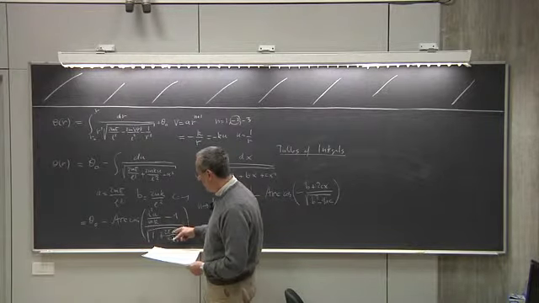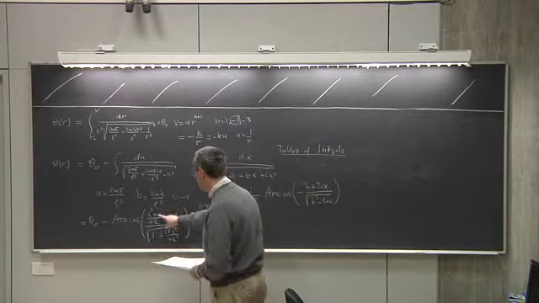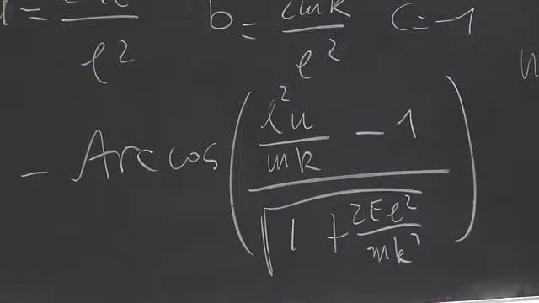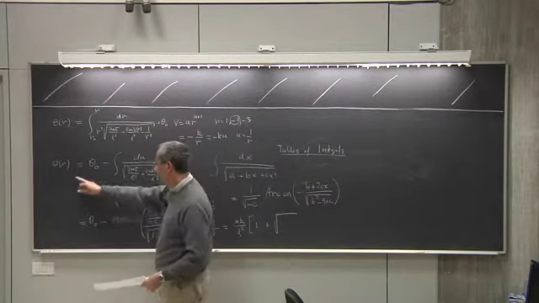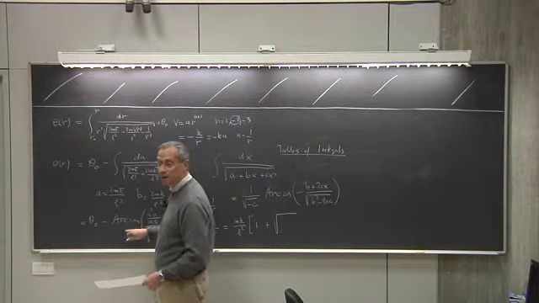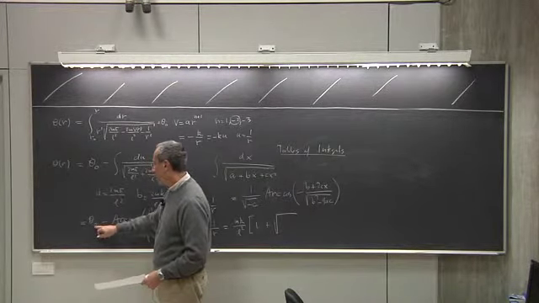So I take 1 over r. Let me write the result, and then if you don't believe me, we go through the steps. So I have this term here. I take theta minus theta naught, then I take the cosine. So I get the cosine of theta minus theta naught.